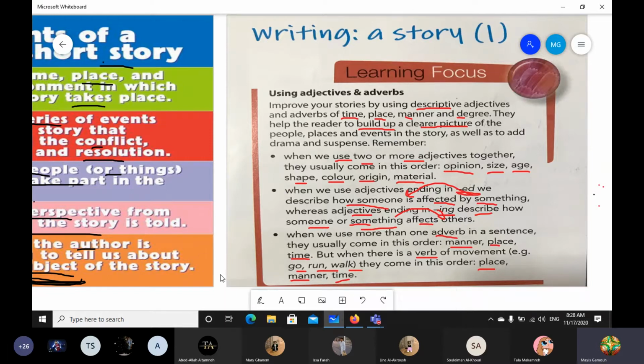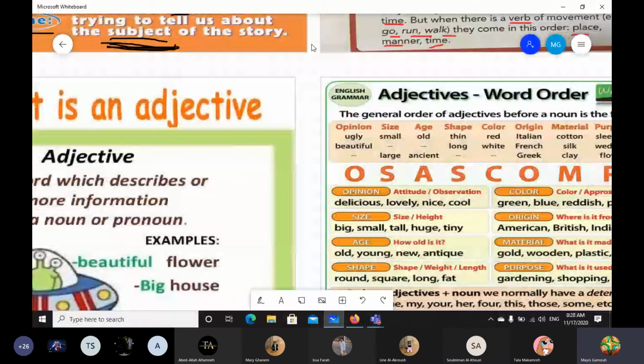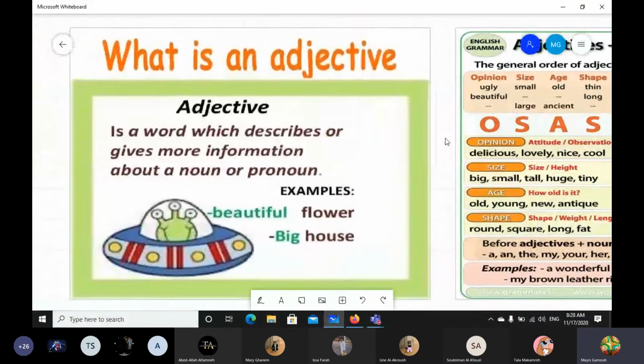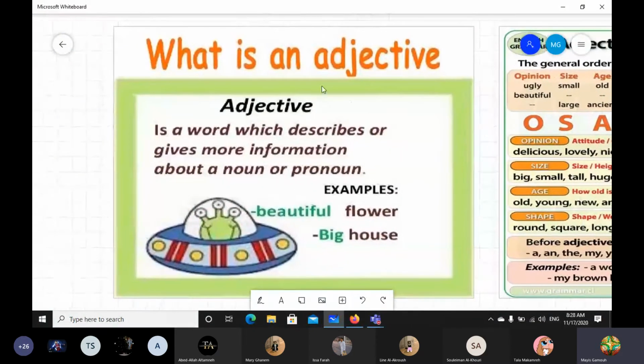All right, let's go to the next slide in order to explain adjectives and adverbs in greater detail, because you are going to use them in your writing, and I want to see creativity in your writings.